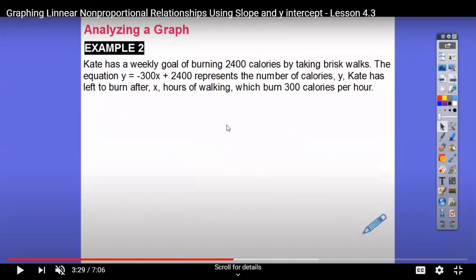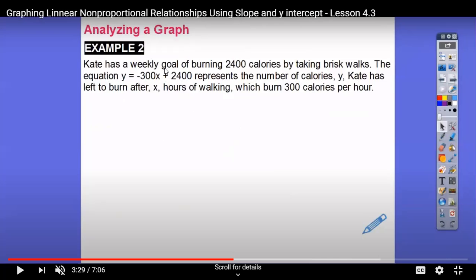Also, we can find word problems related to graphing linear relationships. Kate has a weekly goal of burning 2,400 calories by taking brisk walks. The equation y equals negative 300x plus 2,400 represents the number of calories y Kate has left to burn after x hours of walking, which burns 300 calories per hour.